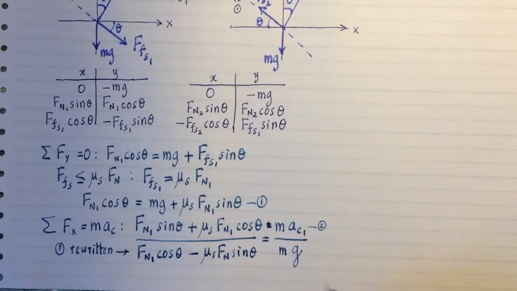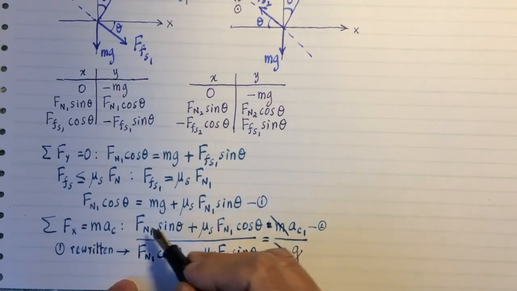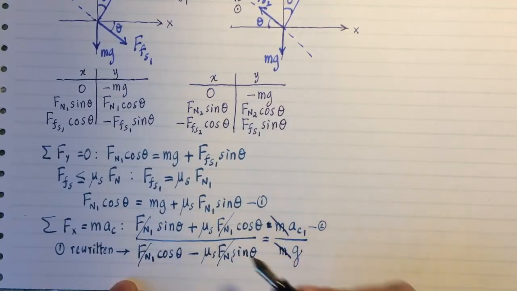And now what we're going to do is realize that mass cancels. So this is valid for any car, which is an excellent thing. It means that your answer will not depend on what kind of car you're driving. And that's a good statement to have for general motion. The other thing you notice is Fn1 also cancels.